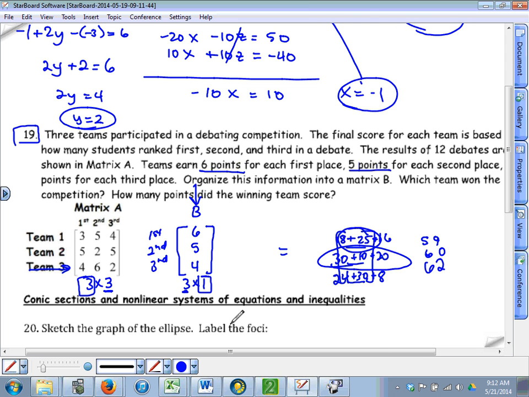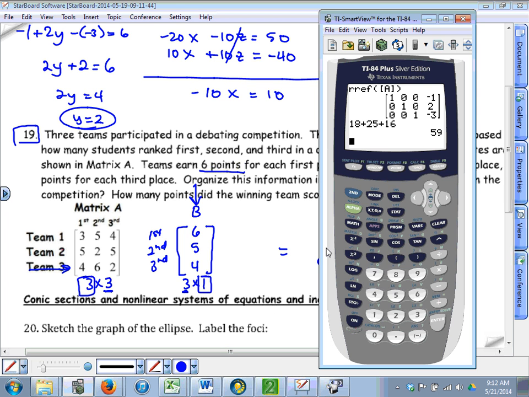Now again, had this been on the calculator part, you can go back into the matrix menu and edit matrix A, but now matrix A has to be a 3 by 3. You could type in all the entries: 3, 5, 4, 5, 2, 5, 4, 6, 2.